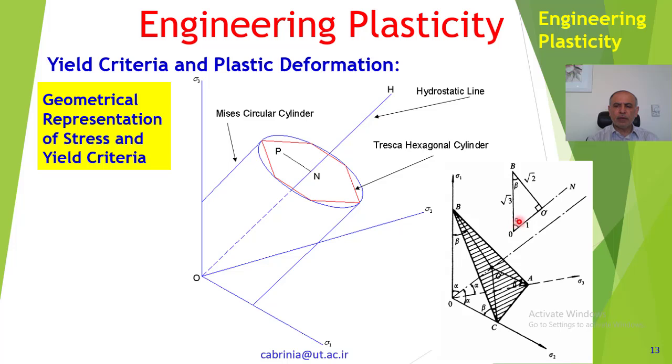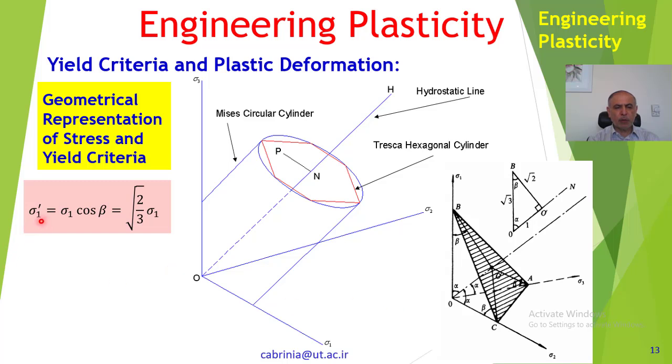So that's alpha and that's beta, and that is the proportions of these scales. In other words, supposing OB is a component of a stress, then O prime B is its deviatoric component, and OO prime is its hydrostatic component. And then there is a relationship between these components.